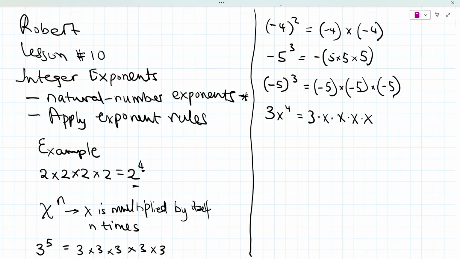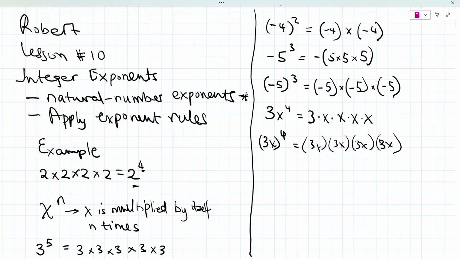But if we had a number like (3x) to the power 4, this would be equal to 3x multiplied by 3x multiplied by 3x multiplied by 3x. Remember, parentheses change the meaning.